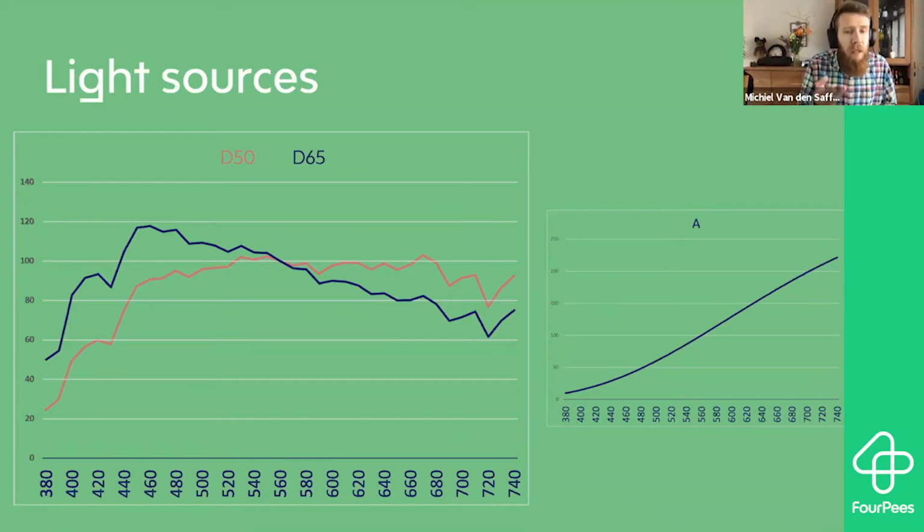But we don't see that light in advance. So we have to take into account parts of the spectrum, part of the wavelengths that we project onto something, the invisible part as well, because it might become visible when it hits an object. And in that case, D65 would give us a whiter result, because there is more of the UV area, more of the blue area present than in the D50.